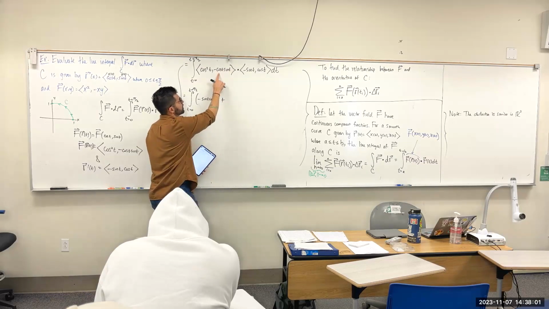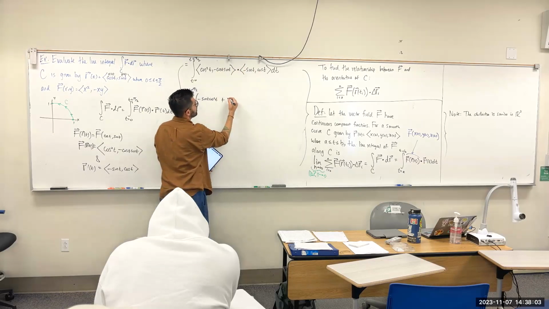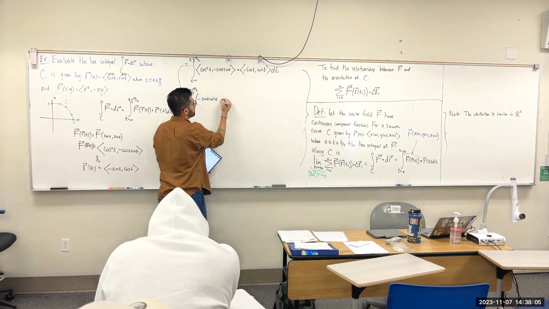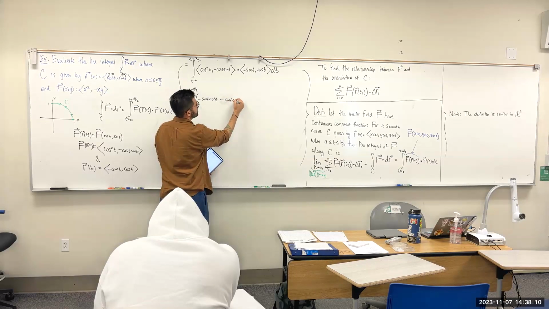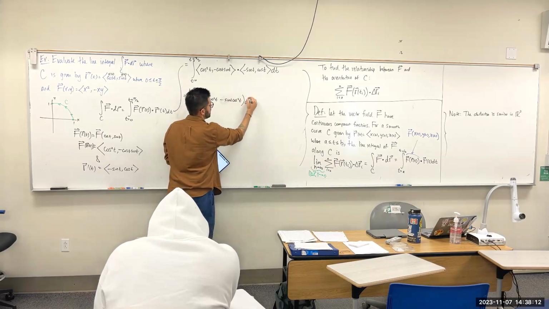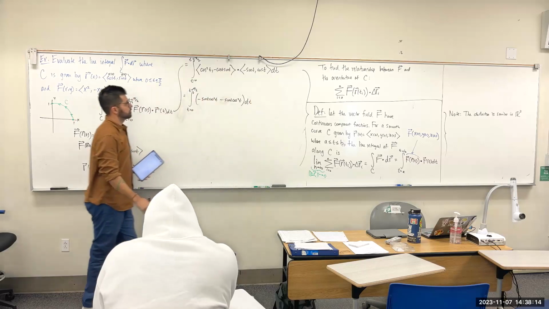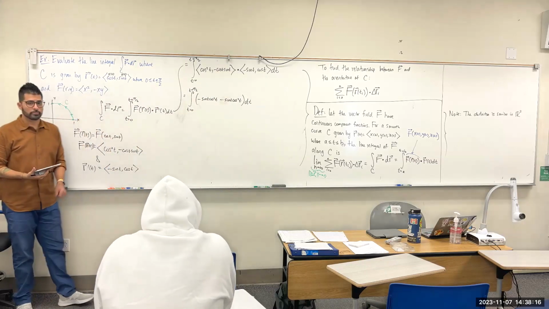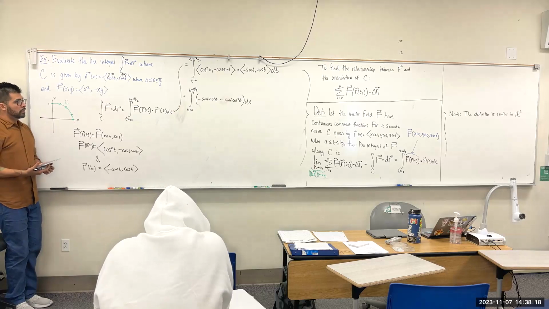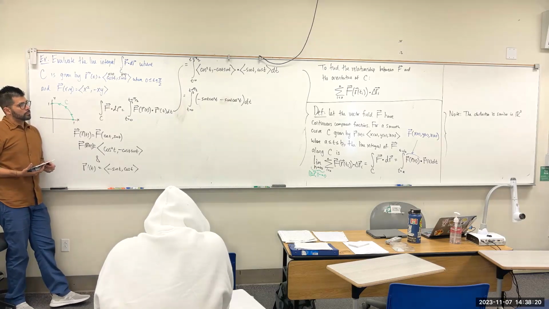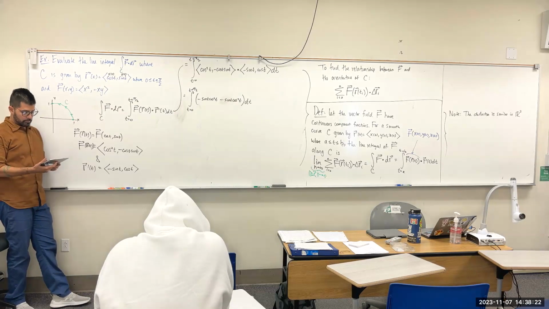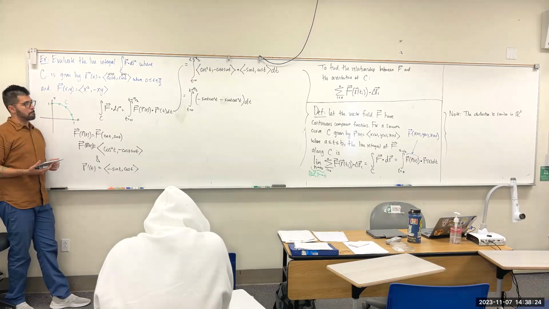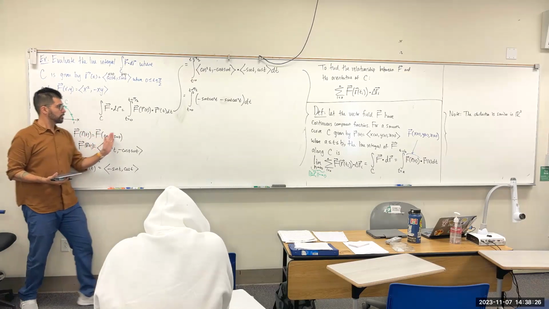So this function times cosine, I'm going to end up with actually a minus. It's negative sine t, is it cosine squared again? Yes. Cosine squared t dt. Questions from here to there?